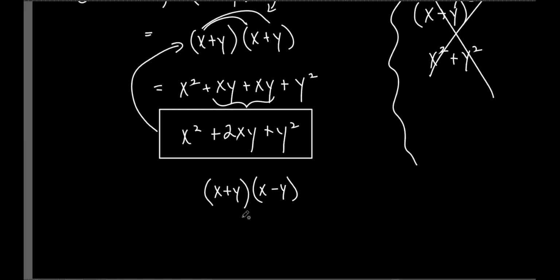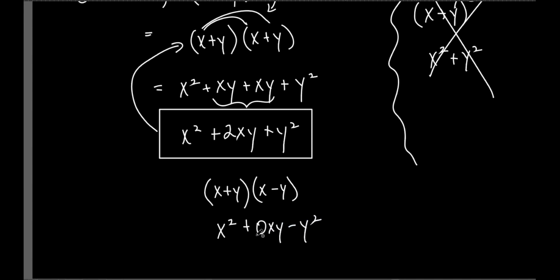What's the first term going to be? x squared. What's the outside going to be? Negative xy. What's the inside going to be? Positive xy. What does negative xy plus xy come out to be? 0. It comes out to 0xy. And then what's the last term?